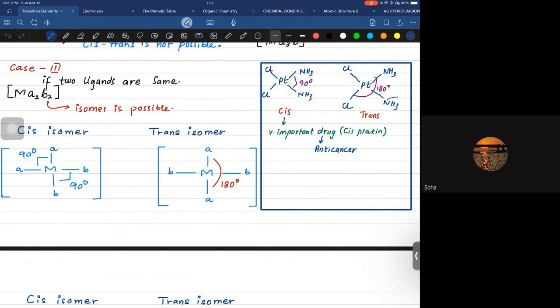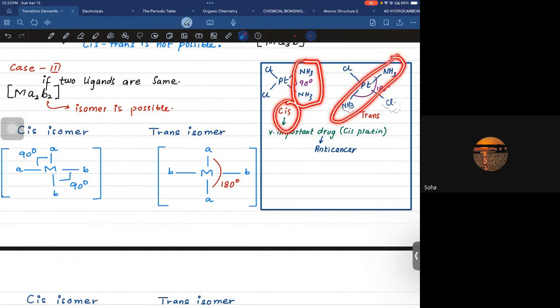I'm supposed to write this NH3 over there. This is NH3, and this is your chlorine. So it's 90 degrees, the same side, it's cis. Opposite side, the angle is 180 degrees, it's trans. This is the very important drug that I was telling you. It is an anti-cancer drug.